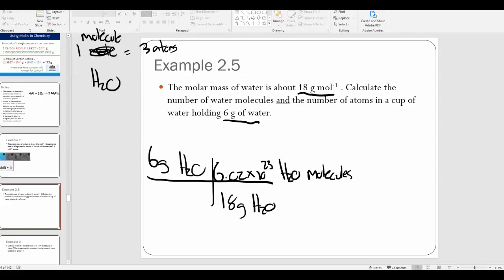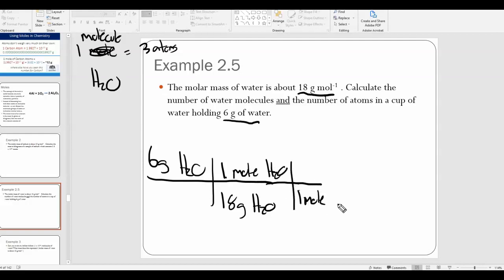Now, if you're confused by that, let me add that extra step in. Maybe I'm jumping ahead. Because the molar mass is 18 grams per mole, 18 grams of H2O is equal to 1 mole of H2O. And 1 mole of anything, no matter what that thing is, in this case H2O, is about 6.02 times 10 to the 23 of that something.